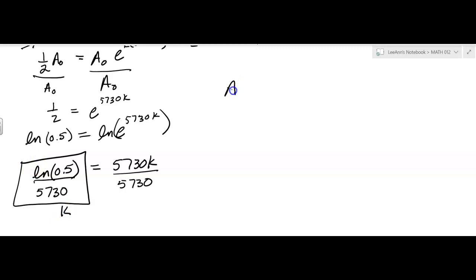Now go back to our function, our model. Now I have k, and I'm going to say it's the natural log of 0.5 divided by 5,730, and then all of that times t would be the exponent.